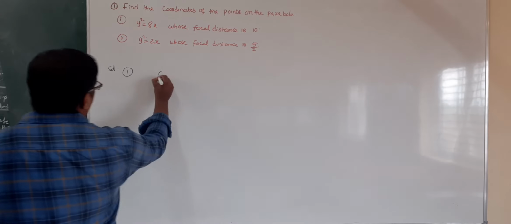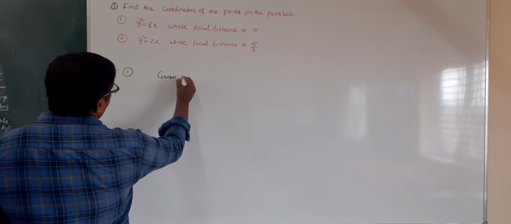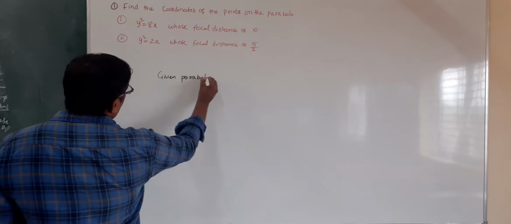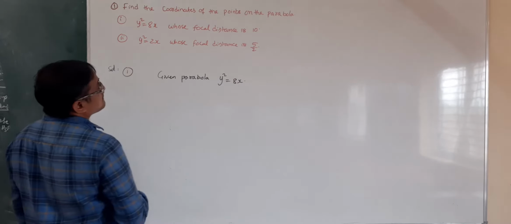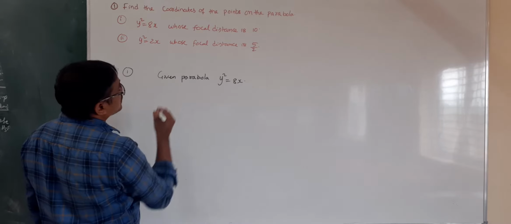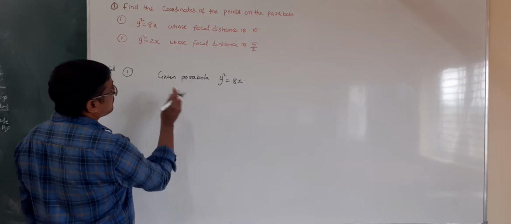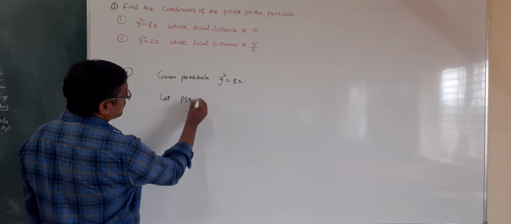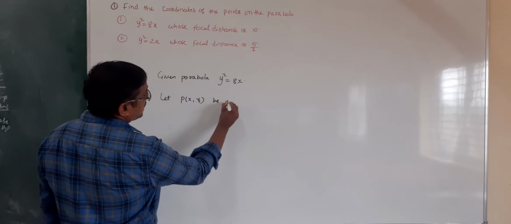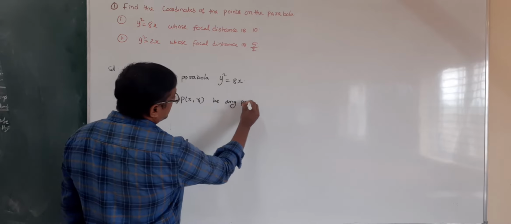Now you have the given parabola y square equal to 8x. Given that the focal distance is 10, you need to find the point on the parabola. So let P(x1, y1) be any point on the parabola.